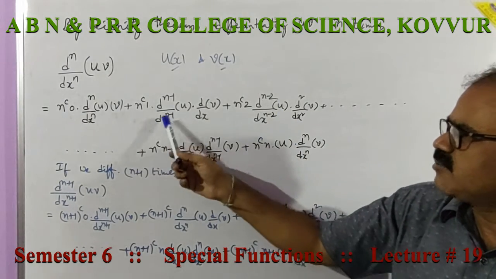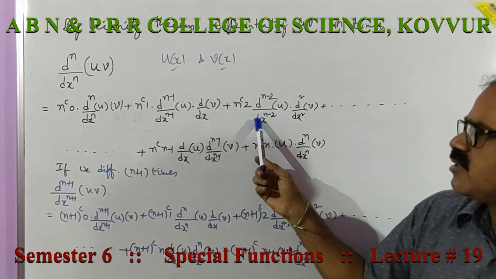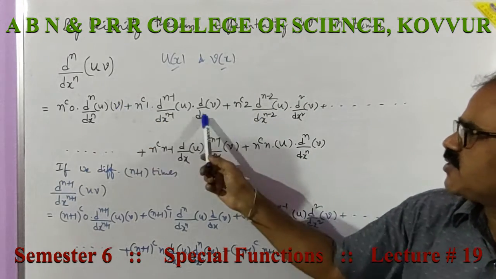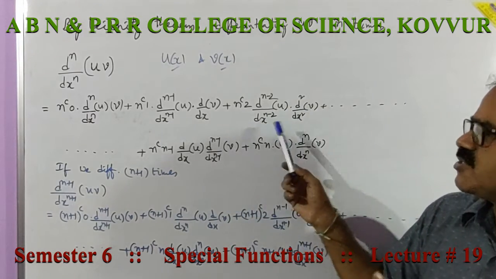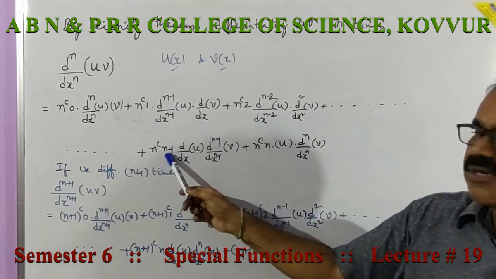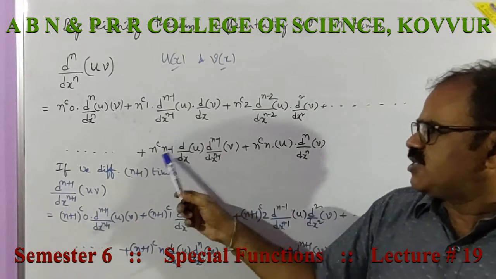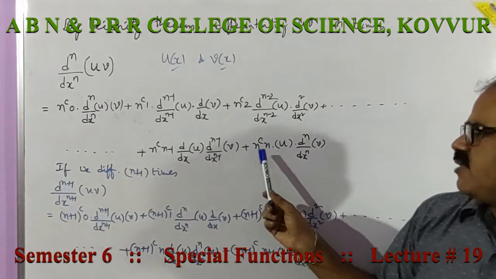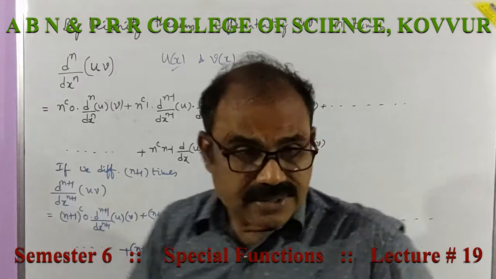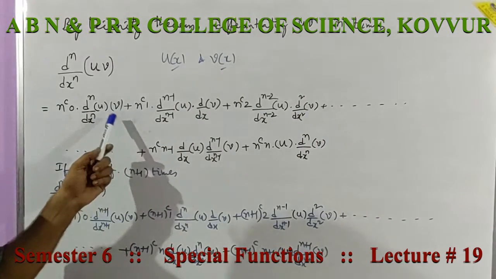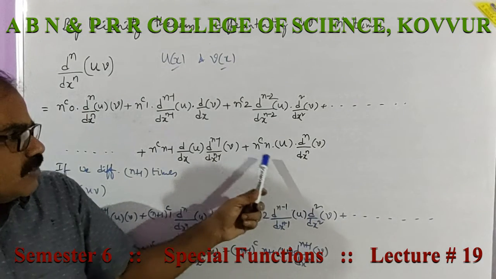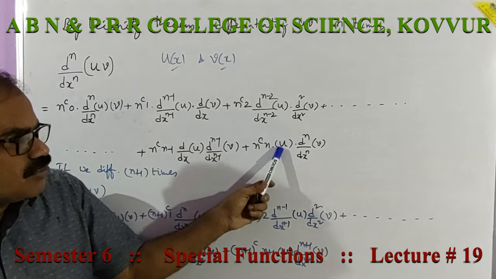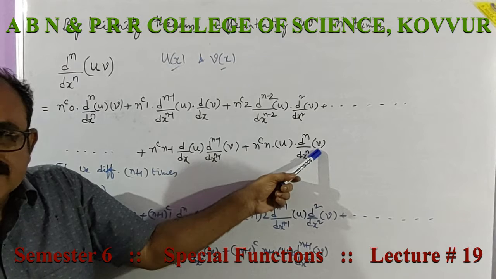Nth order derivative, n minus 1th order derivative, n minus 2 order derivative. Here no derivative, first derivative, second derivative, likewise. Coefficients are nC0, nC1, nC2, nC3, nCn minus 1, nCn. So in this last term you will have nCn, here no derivative for u and nth derivative for v.